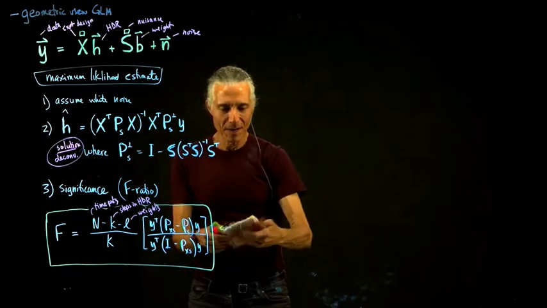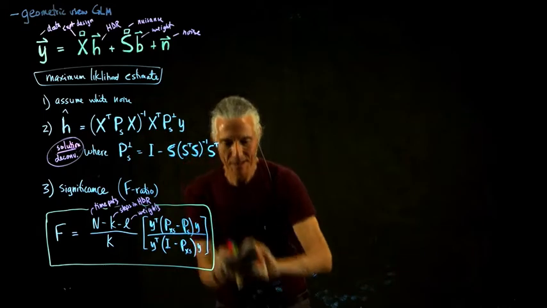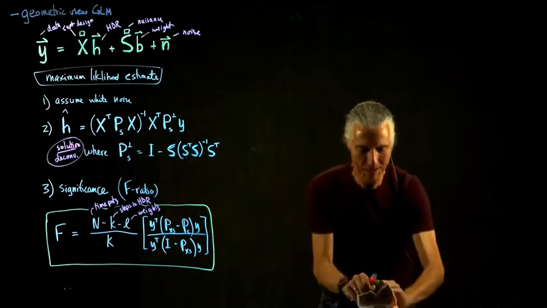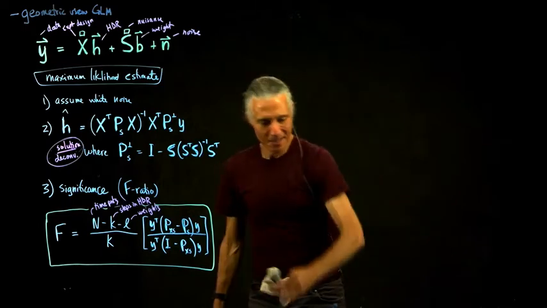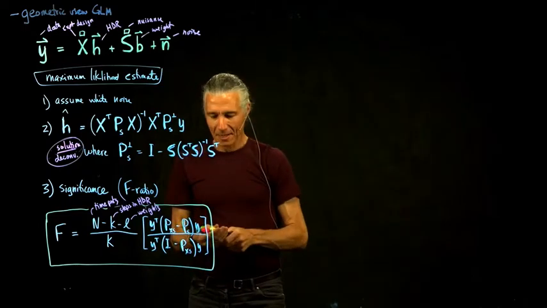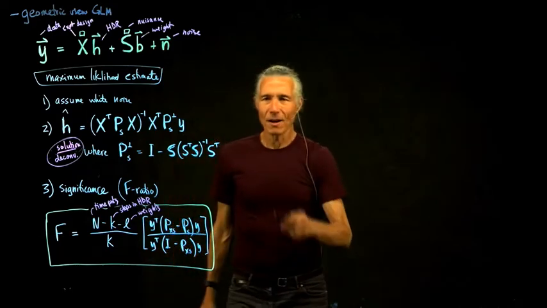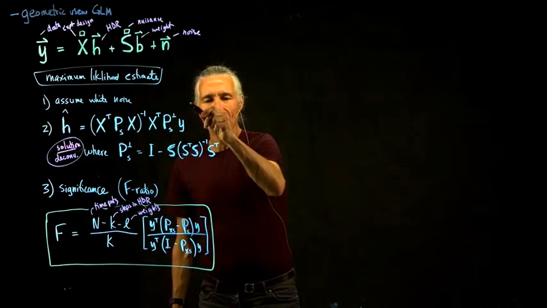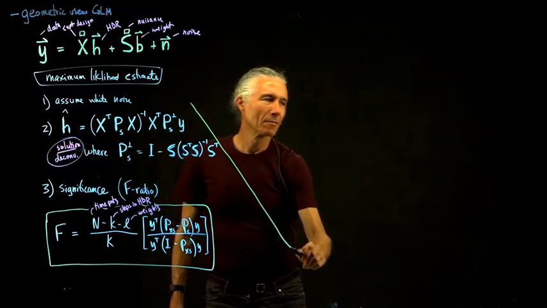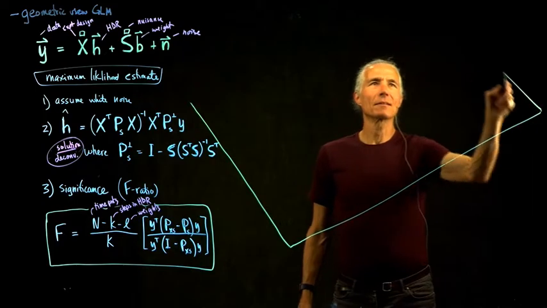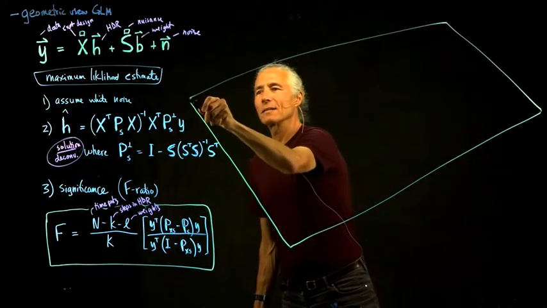So we're going to have to make this picture just a 3-dimensional picture. But 3 is okay. It's more than 2. Okay, so we start off with a big space here. This is our space.